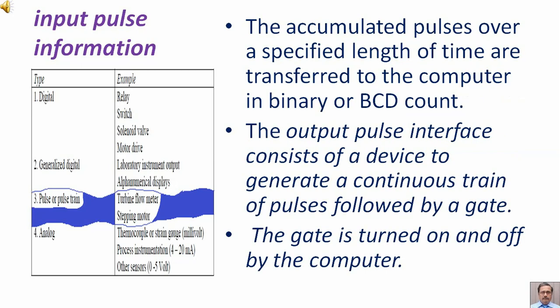The accumulated pulses over a specified length of time are transferred to the computer in binary or BCD count. The output pulse interface consists of a device to generate a continuous train of pulses followed by a gate. The gate is turned on and off by the computer.